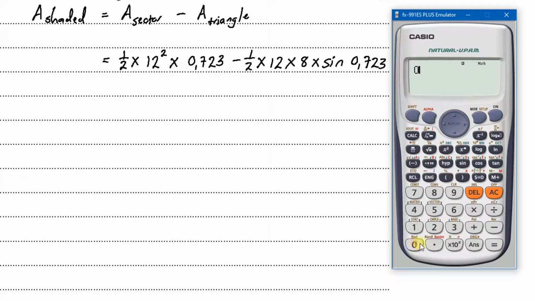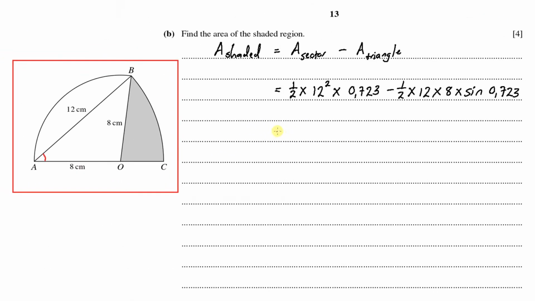So we'll be having 0.5 times 12 squared times 0.723, and that's minus half times 12 times 8 times the sine of the angle 0.723. And we're in radians, you have to make sure of that. And the answer here to three significant figures is coming out to be 20.3. So we have 20.3 coming out as the final answer right here, and that's in square centimeters.